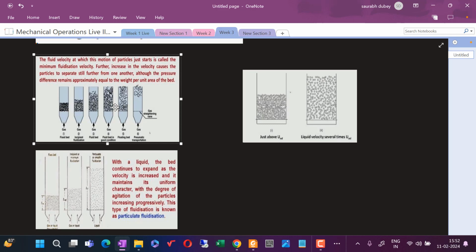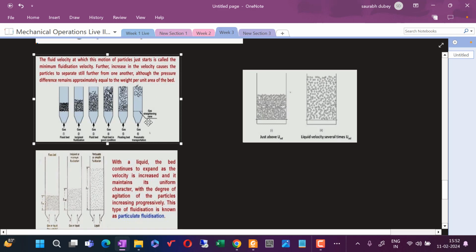Yes, I hope you have thought about this. This is the last one. You see, the gas has so much velocity that the entire solid particles are lifted from the distributor.